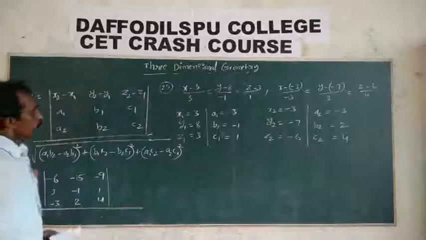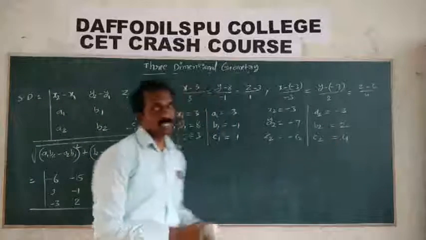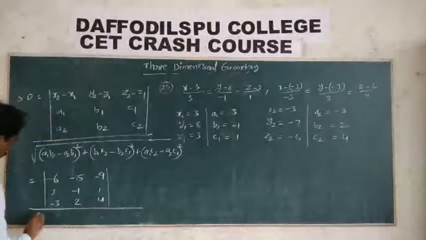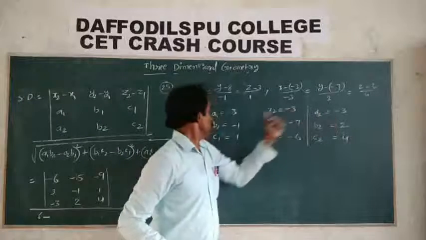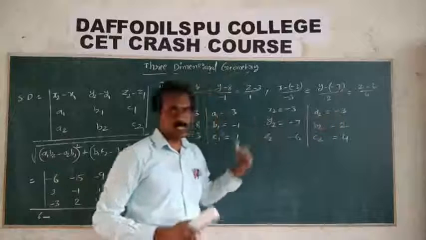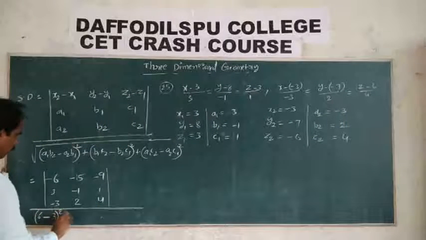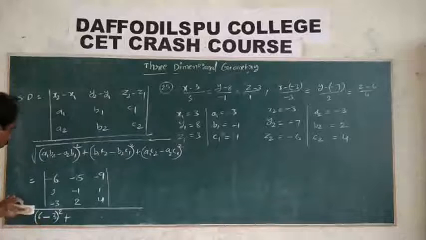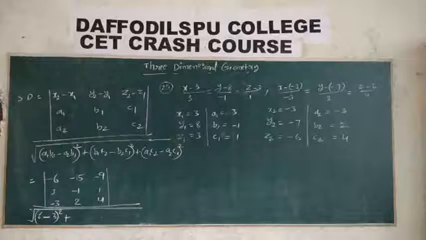Under square root, a1 b2, 3 into 2, 6, minus a2 b1, minus 3 into minus 1, plus 3, so plus 3 whole square, and this is divided by.